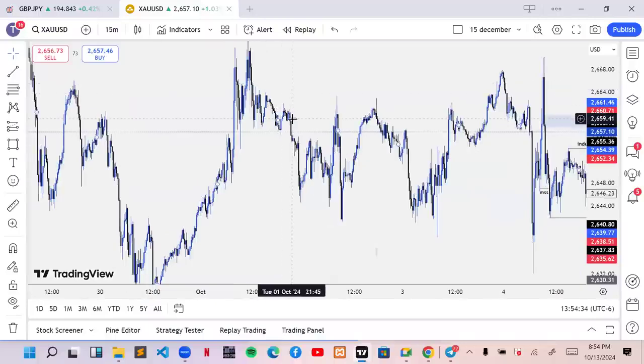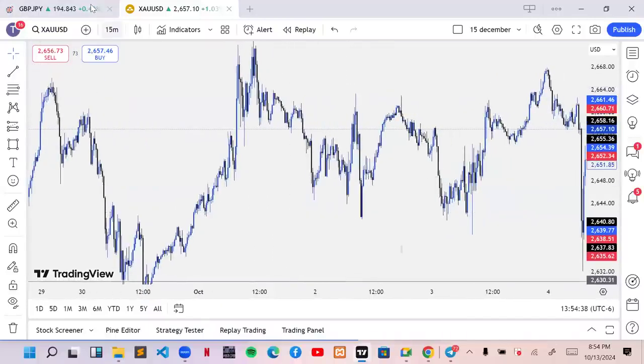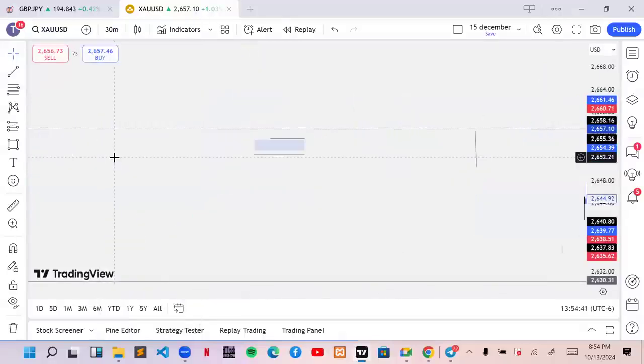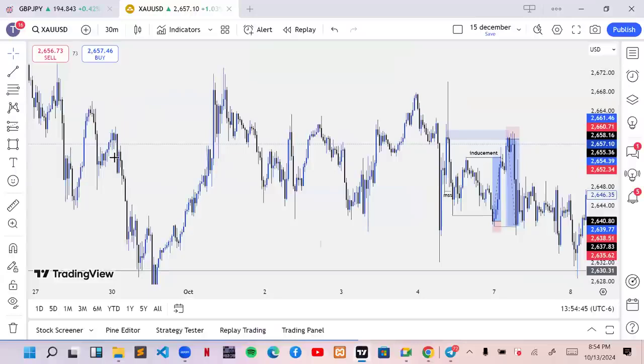So when I analyzed this setup, this is what I did. I used the 30 minutes time frame for the setup.